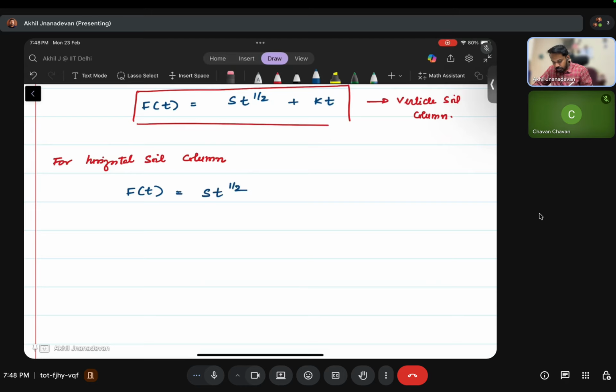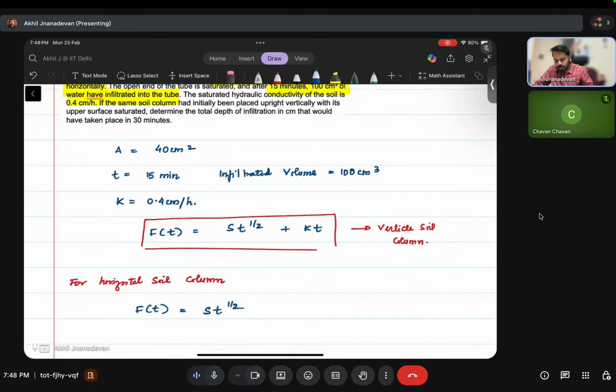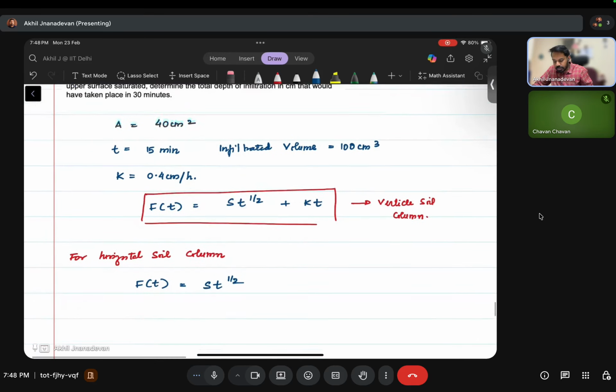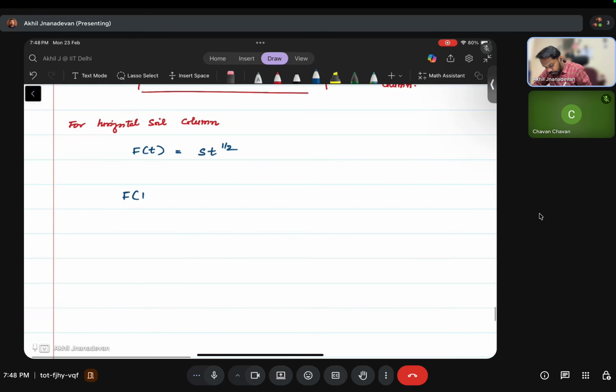And in the question they have mentioned the infiltration volume as 100 centimeter cube after 15 minutes, and the area is 40 centimeters square. So F after 15 minutes will be equal to volume by area, which is 100 centimeter cube divided by 40 centimeter square.